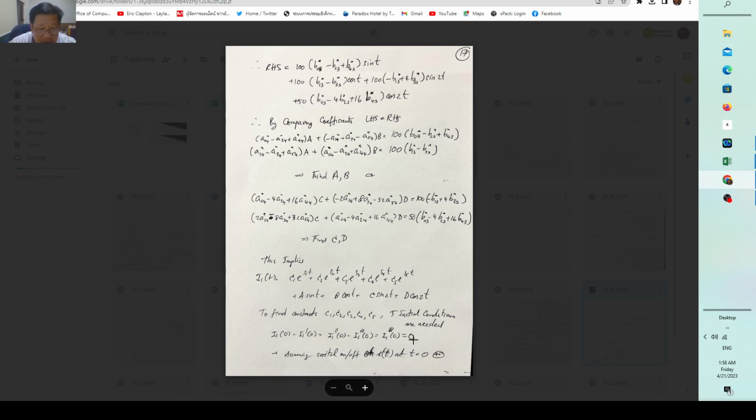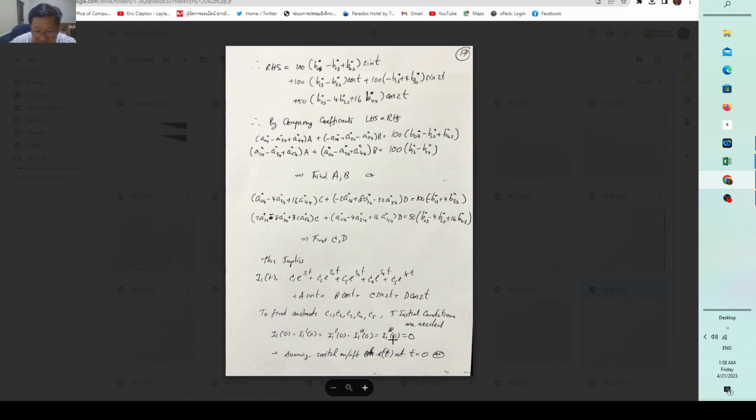Okay, so to find c sub 1, c sub 2, c sub 3, c sub 4, c sub 5, therefore you need 5 initial conditions. You already know that I sub 1 at 0 is 0. You put the first derivative of I sub 1 at time 0 equal to 0, the second derivative as well. You only reach the fourth derivative because you need 5 conditions to find the 5 constants here.